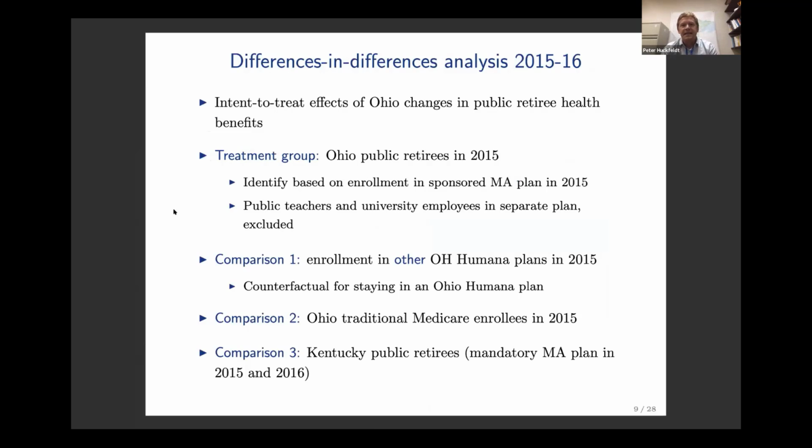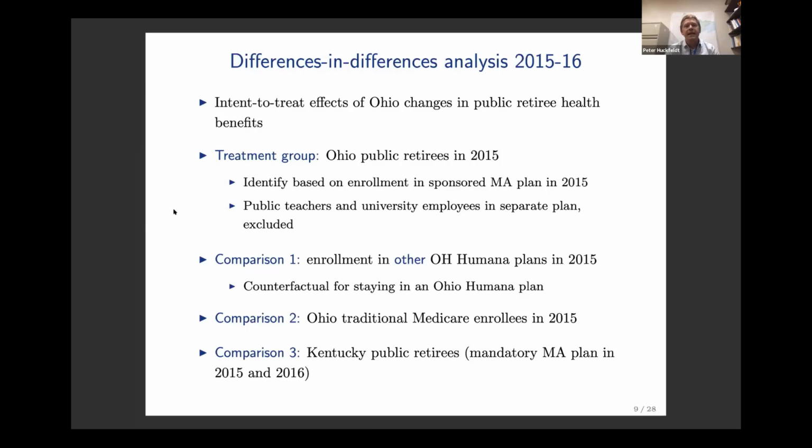So for our analysis, we're going to do a differences in differences analysis. And this is going to measure the intent to treat effects of these changes in Ohio in public retiree health benefits. So our treatment group here are Ohio public retirees from 2015. We're going to identify this group because we know the contract number for the sponsored MA plan, and so we can find these people in the data based on that MA plan enrollment in 2015.